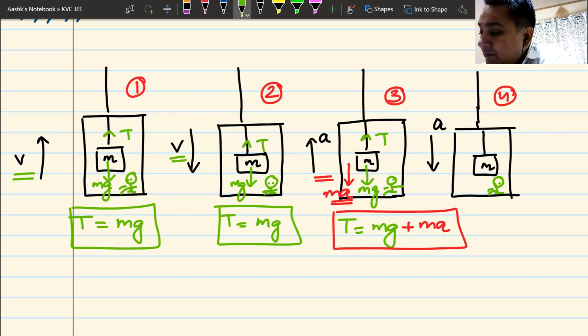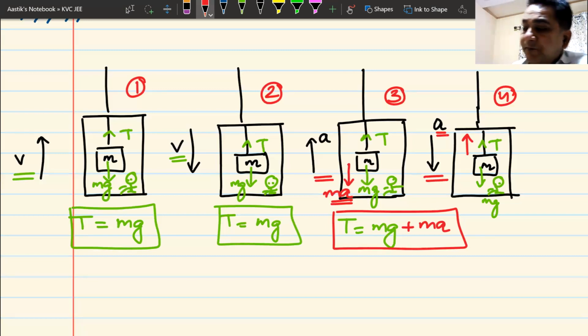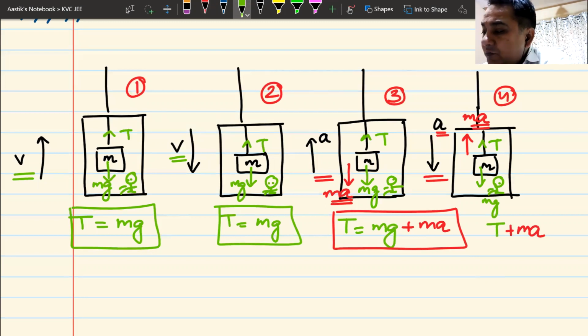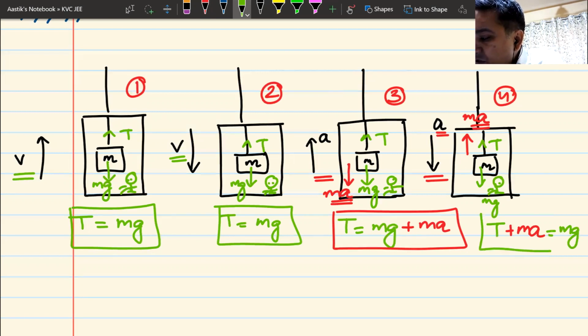For the fourth case, mg is downwards, we all know this. T is upwards. But here the acceleration a is downward, so I have to apply a force upwards, pseudo force. The value of this pseudo force is m into a. Now what do I see? T is upwards, ma is upwards, mg is downwards. What equation do I write? T plus ma, unreal force, imaginary force, is equal to real force mg.